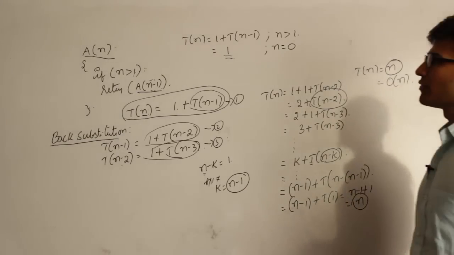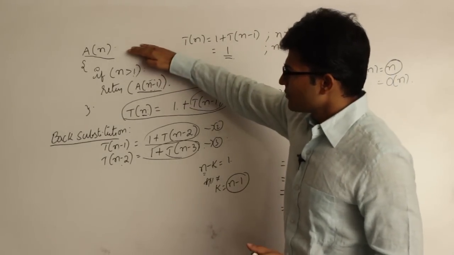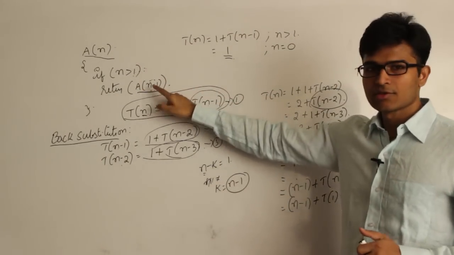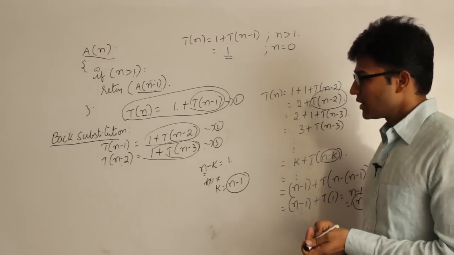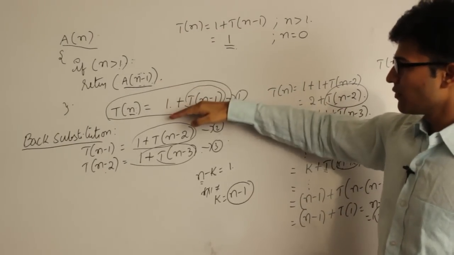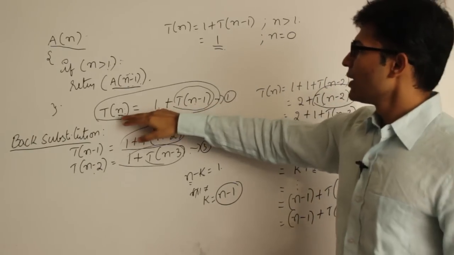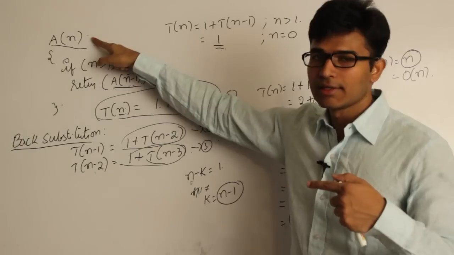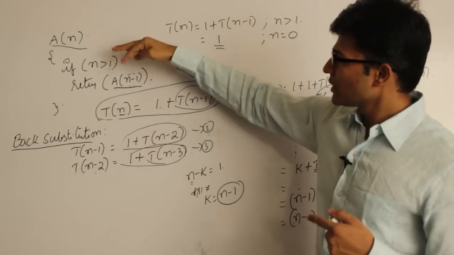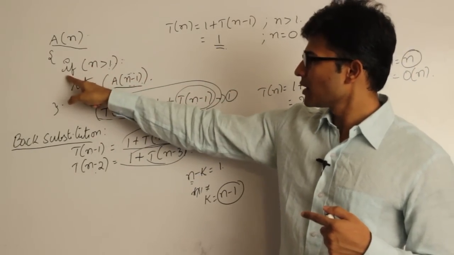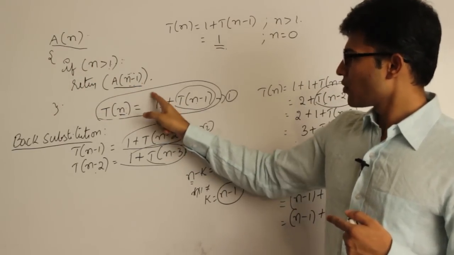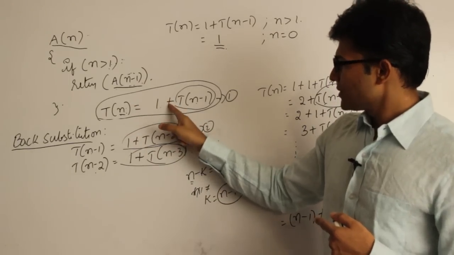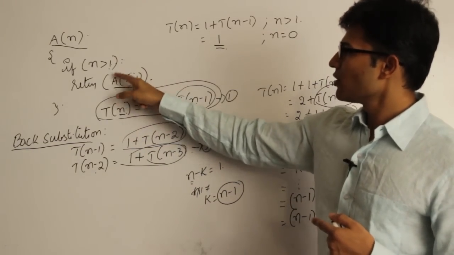So just recollect what we have seen. If there is an algorithm which depends on the input size n, then I write it in terms of input size n minus 1, and then use a method. How did I write the recursive equation? Let us assume that the time taken to solve a problem of input n is t of n. Then how is that time split up? It is the time taken to compare, which is some constant time, and to return, which is some constant time, plus the time taken to solve n minus 1, t of n minus 1.